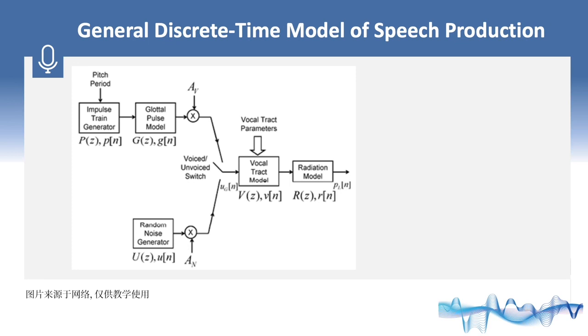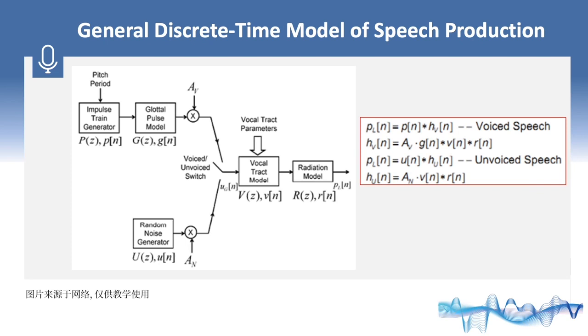As we can see from the scheme of the speech production model, the voiced speech sequence p[n] can be generated by the convolution of the input sequence and the impulse response h_v[n]. And the unvoiced signal can be generated by the convolution of the input sequence u[n] and the impulse response h_u[n].